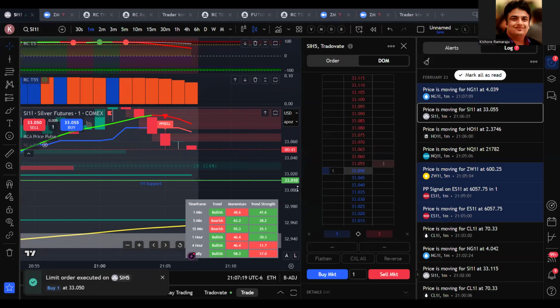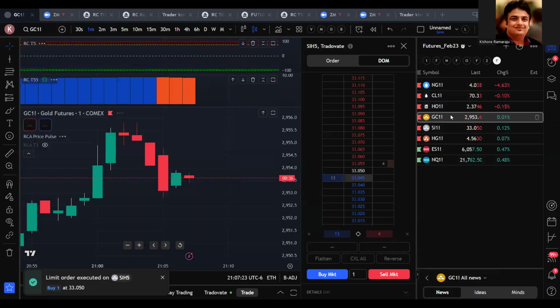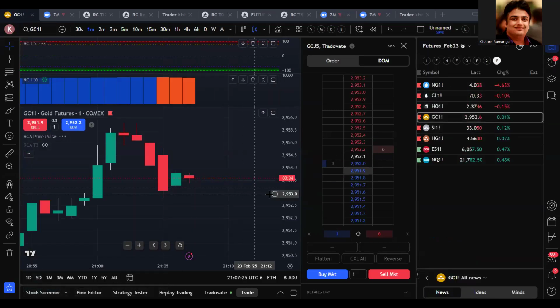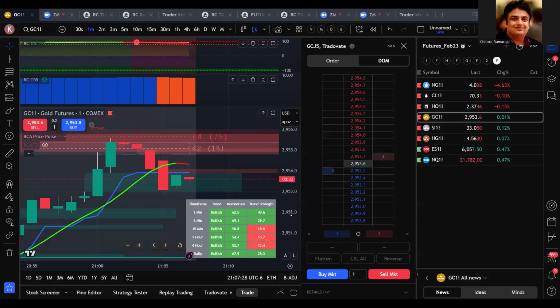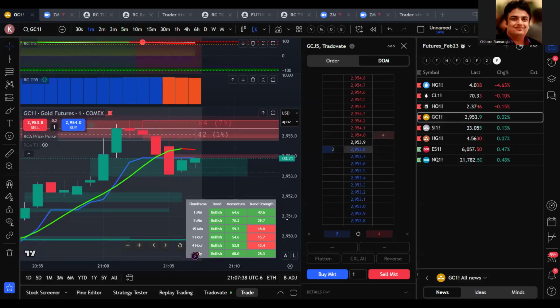Silver is dropping, then gold also will drop. But we have to wait for that PP sell. If we get a sell from price pulse, then we can short gold also.